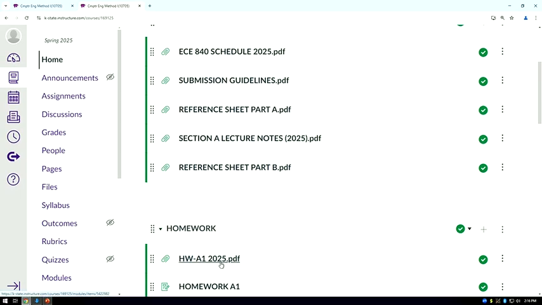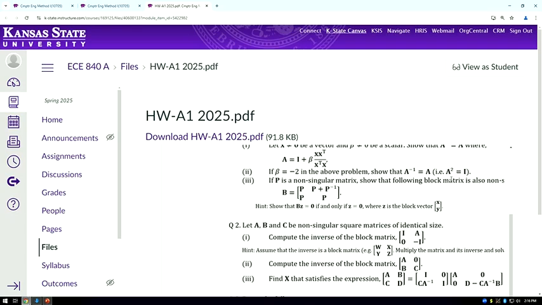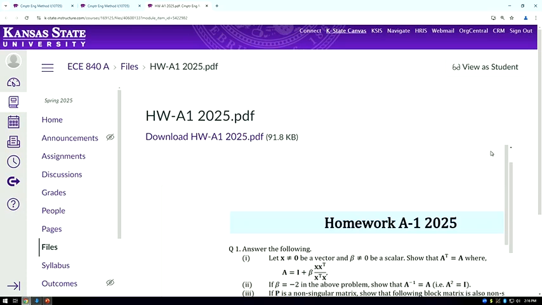So this is the first homework. It doesn't have any MATLAB, because I'm giving a little more time for the distance students to familiarize themselves.